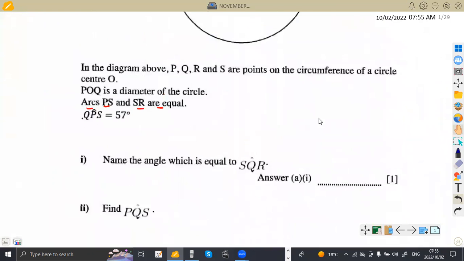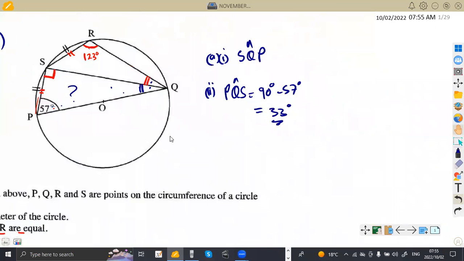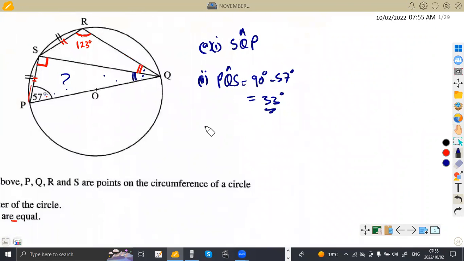In order for us to find QRS, remember that from the cyclic quadrilateral, opposite angles are supplementary. So this one, we already have this 123 degrees.